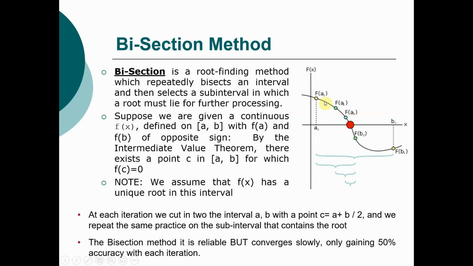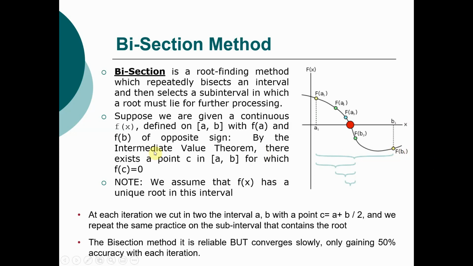So we have an interval, the original interval a1 and b1. First we find an interval a1 and b1 in which f of a1 and f of b1 have opposite signs, right? Here f of a1 is positive, f of b1 is negative.